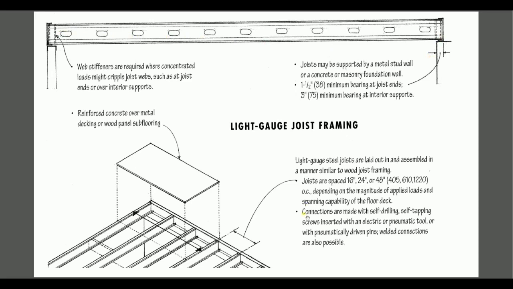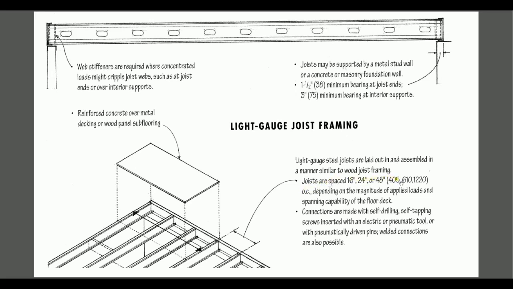This is a 3D view of the framing here. We have the joists here with the spacing to frame all the floor. So the light gauge steel joists are laid out and assembled in a manner similar to the wood joist framing, right?